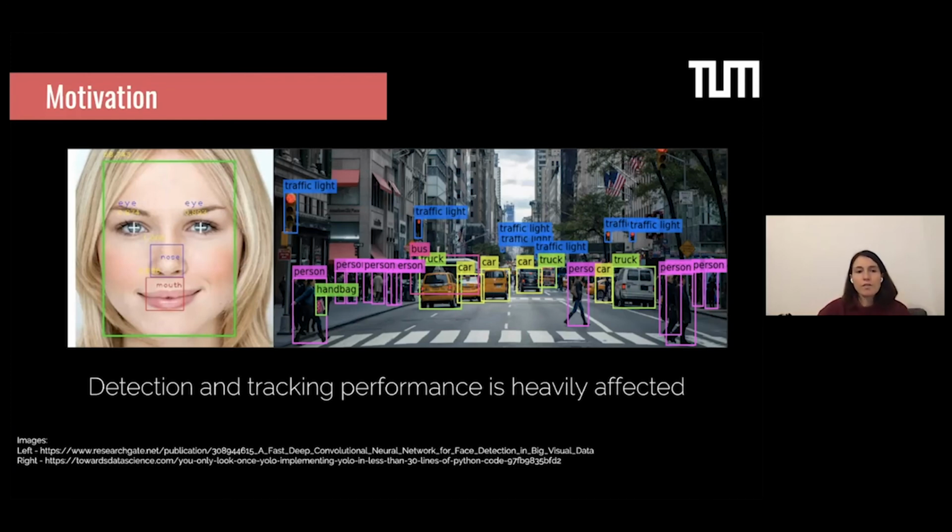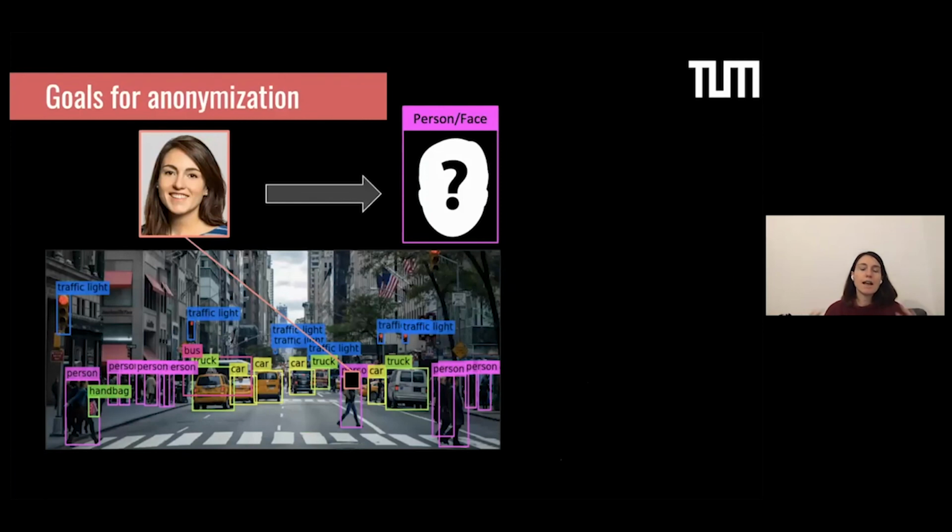So we want to have a method that actually anonymizes this image, anonymizes the face and anonymizes the body, so that we can still detect it as a person or as a face, but we can no longer detect it as this particular person that was walking around in this scene.